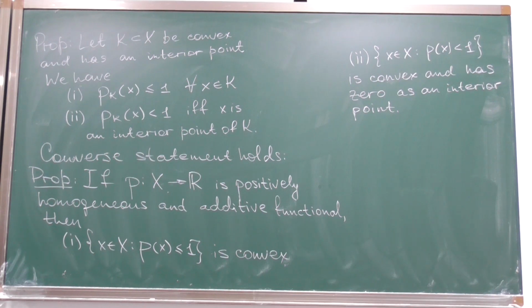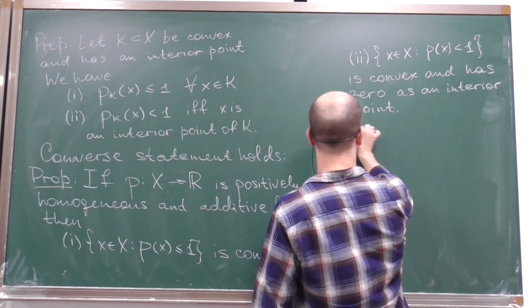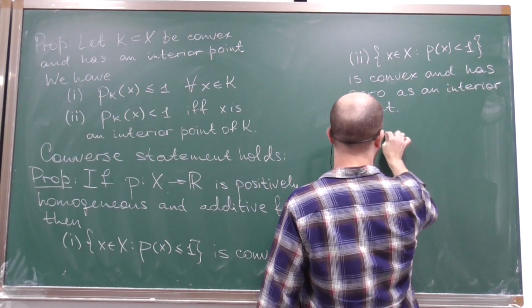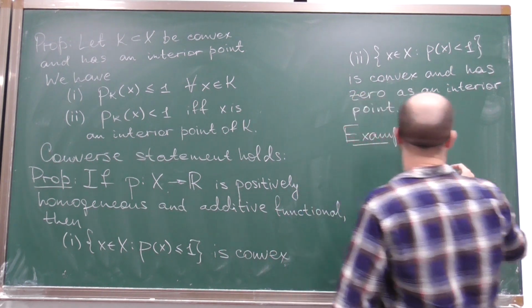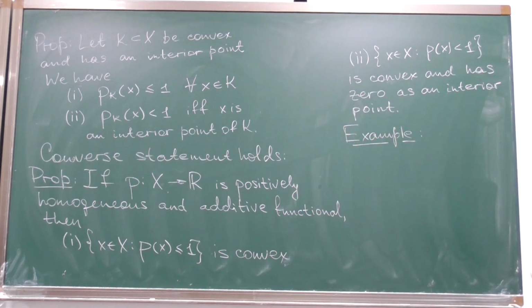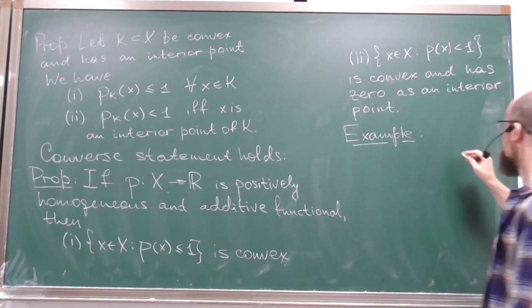Before we go further to two other variants of the Hahn-Banach theorem, let me start with a very simple example. So let me consider a linear functional on R3.